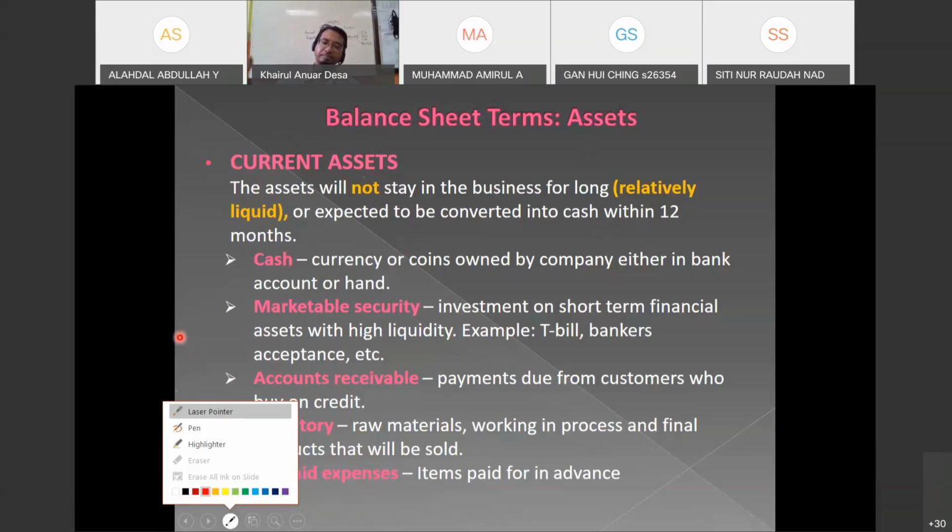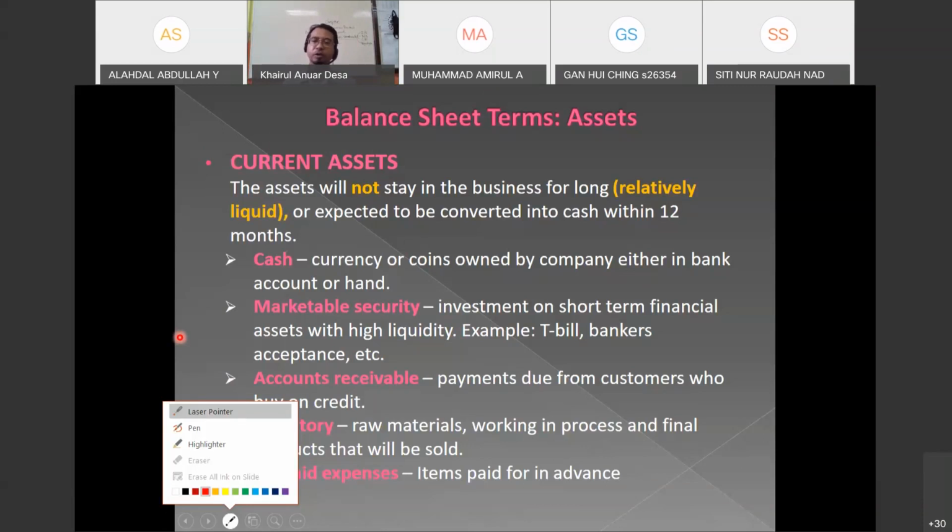Treasury bill. What is the treasury bill? My suggestion is after this class, Anissa and others, Google what is the treasury bill. Boleh? In short. Okay, in short. Treasury bill atau bil perbendaharaan.